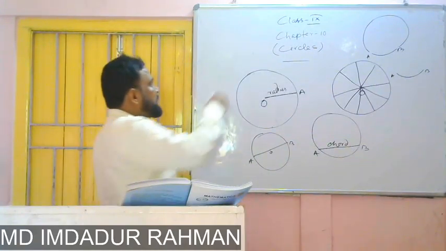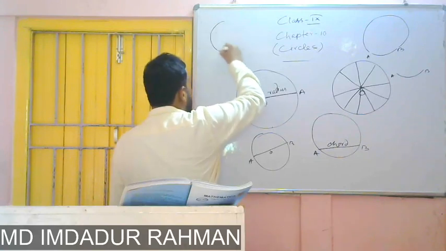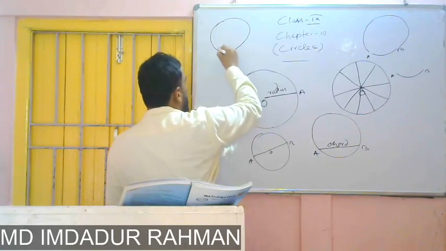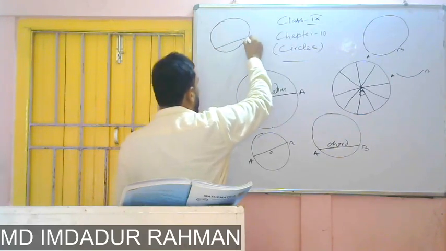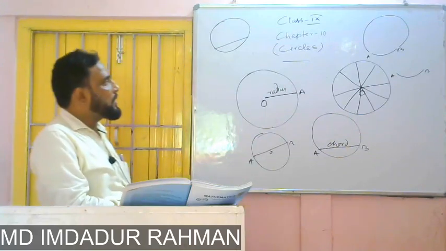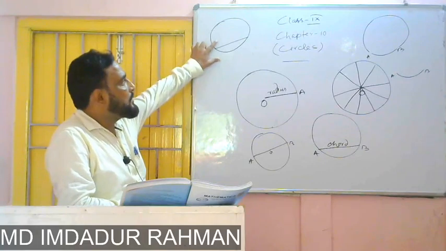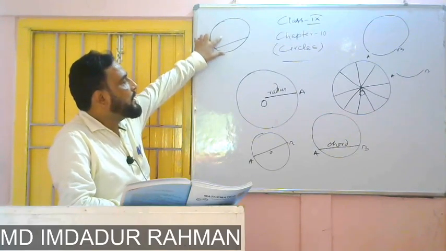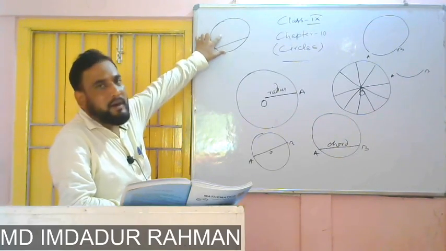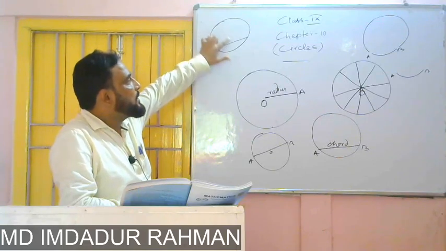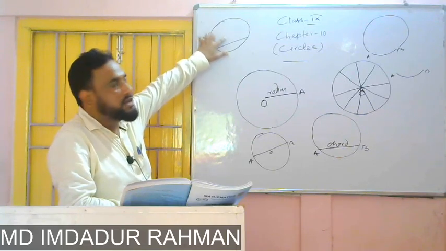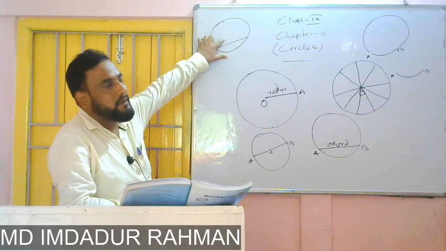Now segment. You see, when we draw a chord on the circle, it divides the circle into two parts. Each part is called segment of the circle.